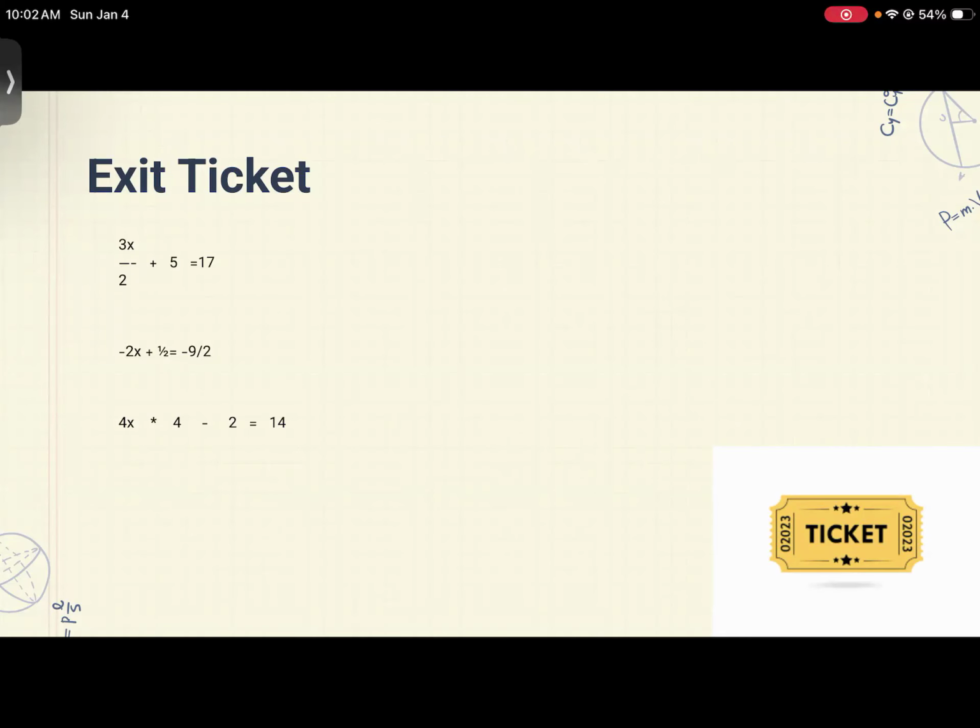And I will still show how to solve each question after, so just try it first. And then the third question is 4x times 4 minus 2 is equal to 14. So we'll take 2 to 3 to 4-ish minutes and then just see if you can solve these. And then I will still show the answer. And then that'll be it. Sound good?